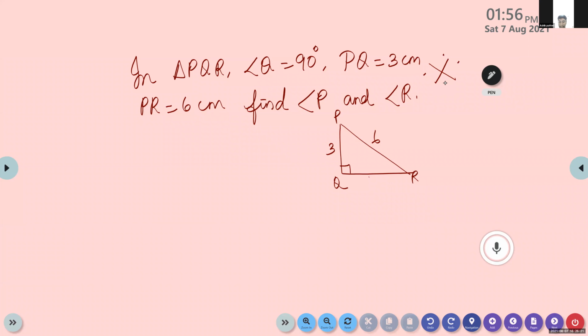Angle Q is 90. So tan P, what is tan P? Opposite side by adjacent side. What is the definition? Opposite by adjacent. What is the opposite side?